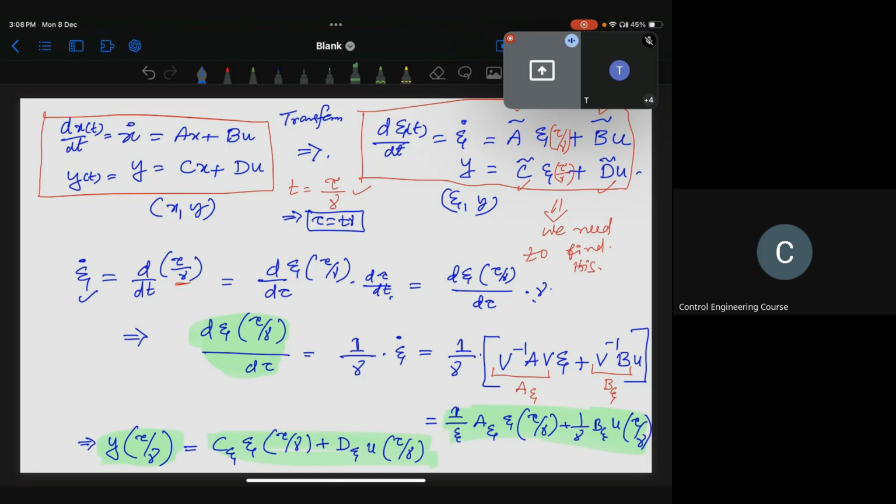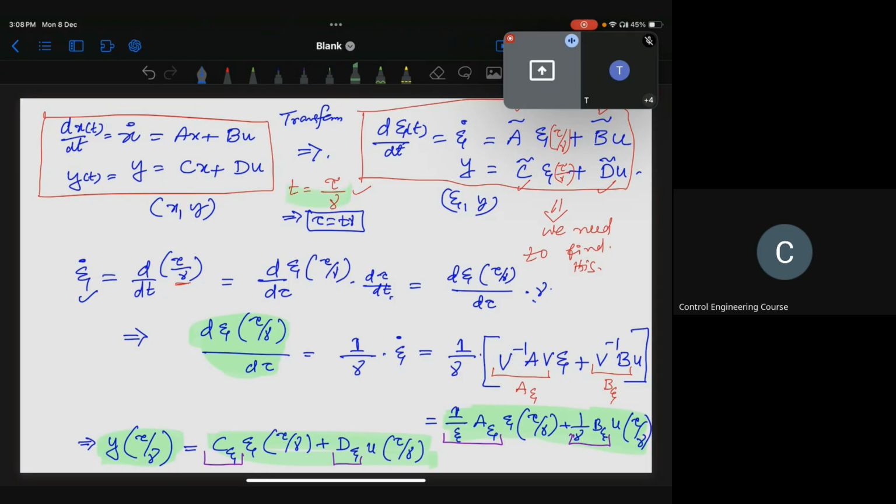So from both the equations, I'll write with another color. So this part is the first part, this is the second part, and third part, fourth part. These are the four matrices.